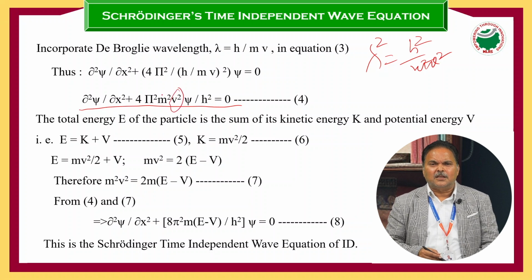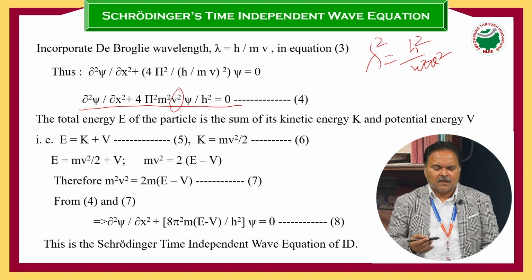Velocity is nothing but the rate of displacement, displacement by time. So once again a time term is coming, and we have to eliminate that time term. Because the particle is moving with velocity, we will take the help of the energy of the particle.